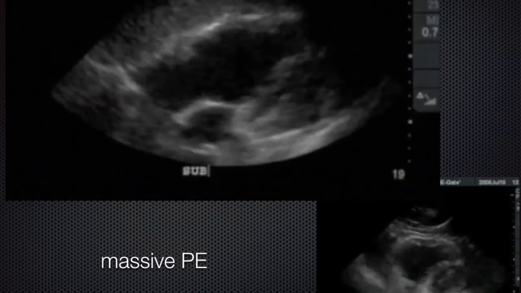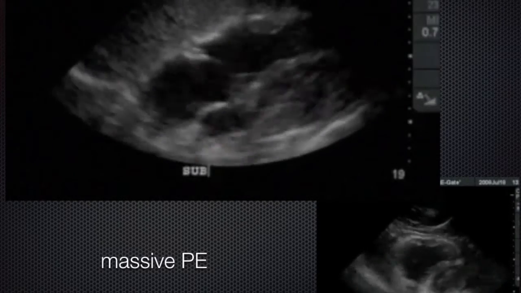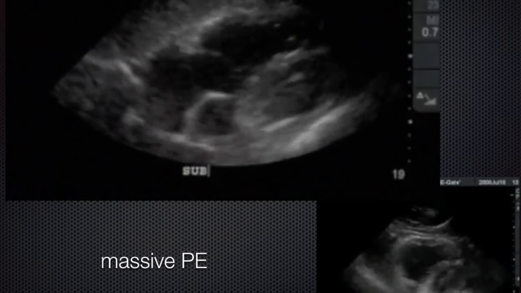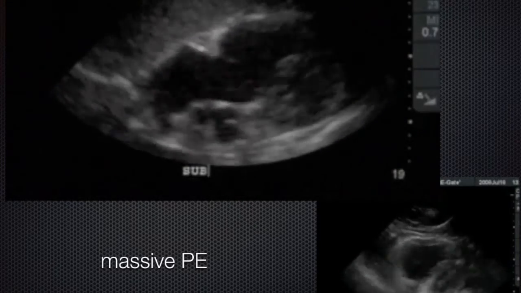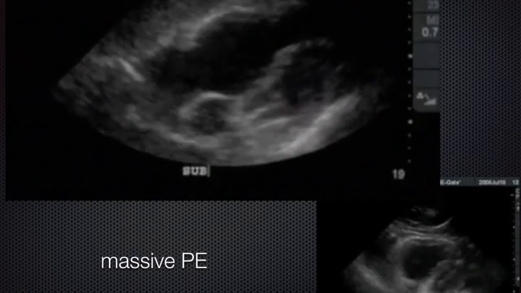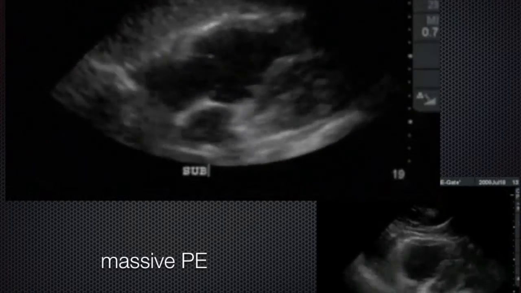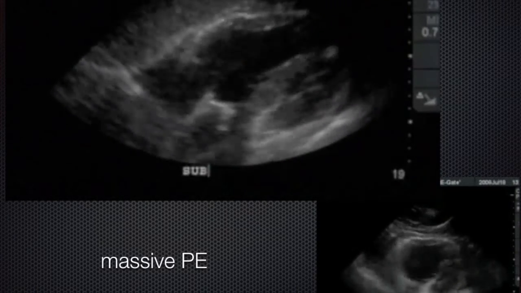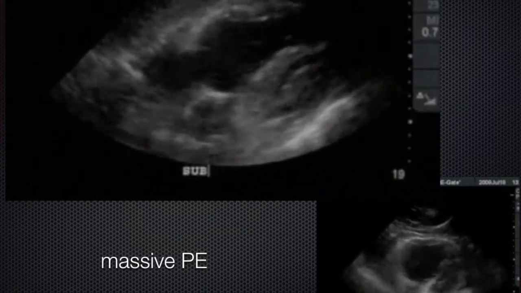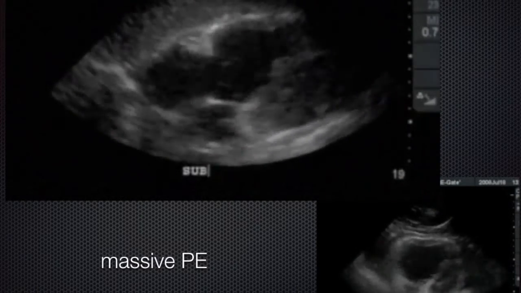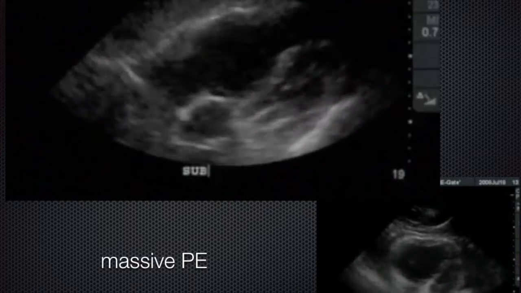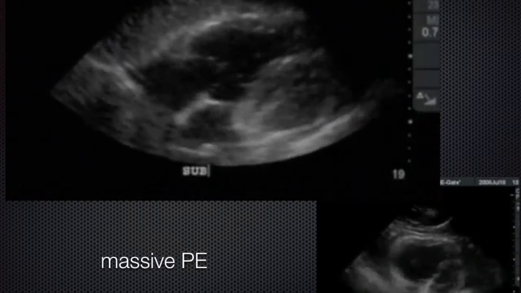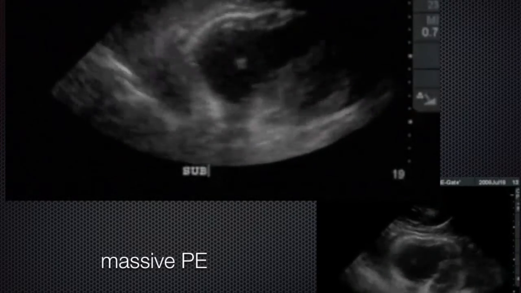Now, as you can see, the ratio of the right ventricle and the right side and the left side is abnormal. So we said that the right side shouldn't be more than 2/3 the width of the left side, and certainly on the subcostal four-chamber view, we can see that the right side is much bigger than the left side.